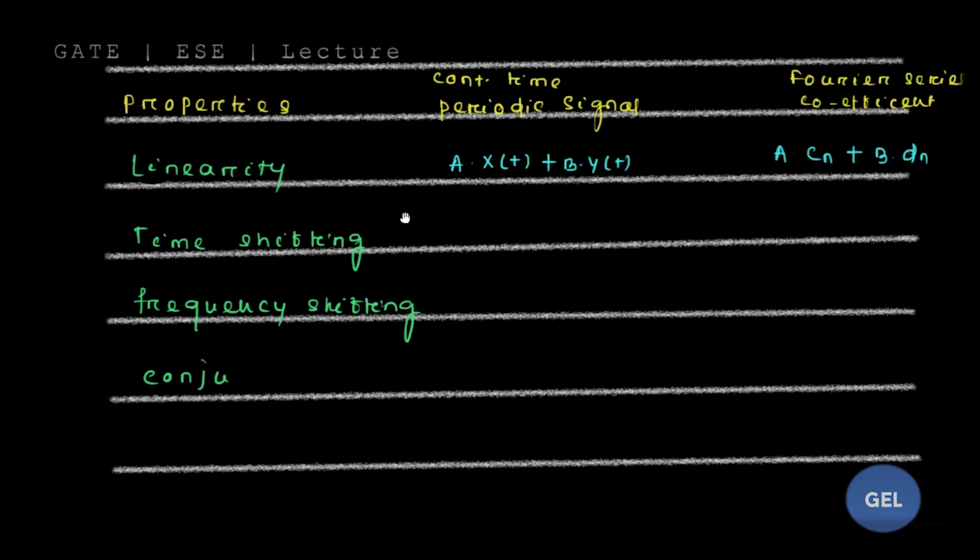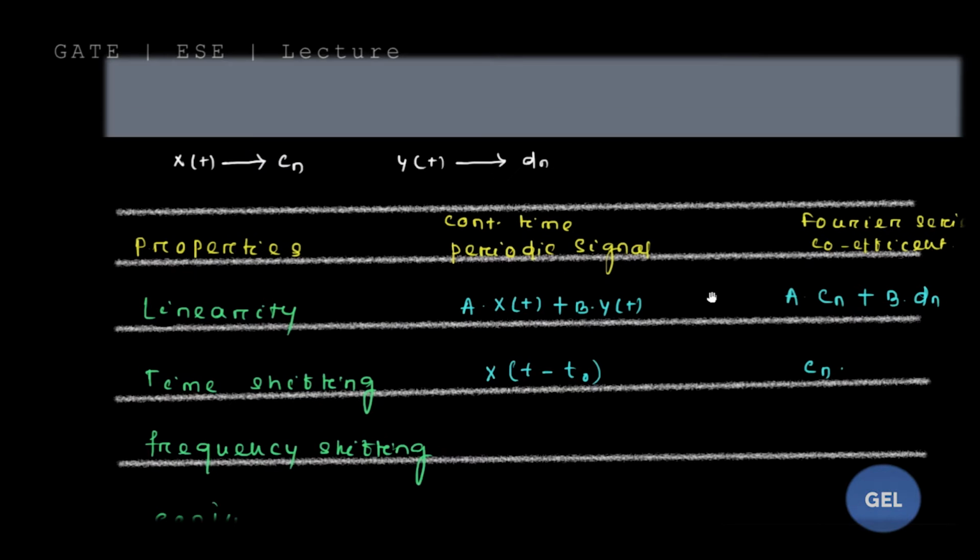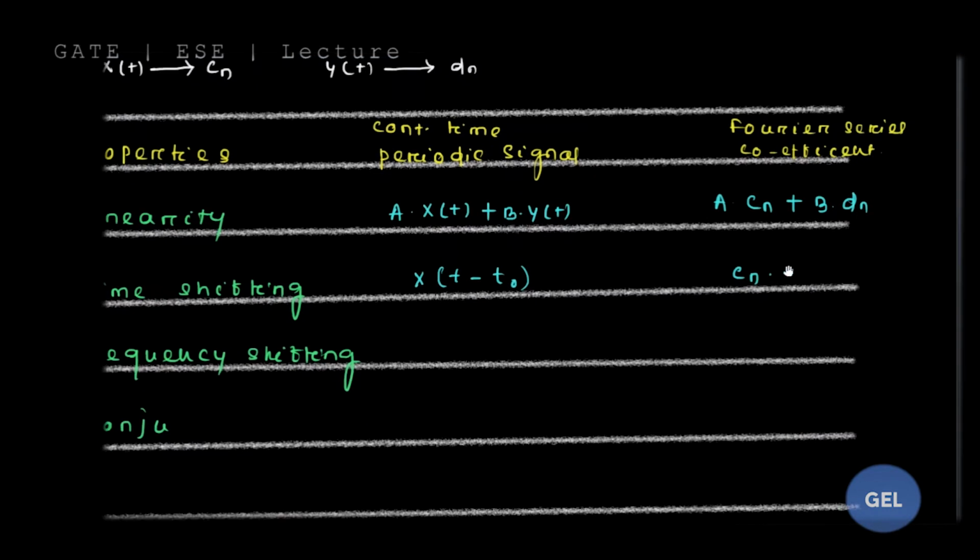Now time shifting, look here carefully. If you do time shifting, x of t minus t naught in the continuous time domain, and represent this continuous time periodic signal in exponential Fourier series format, then instead of Cn, which was the coefficient of x of t, the coefficient of x of t minus t naught becomes Cn into e to the power minus jn omega naught t naught.